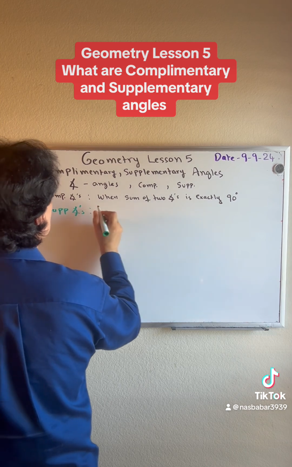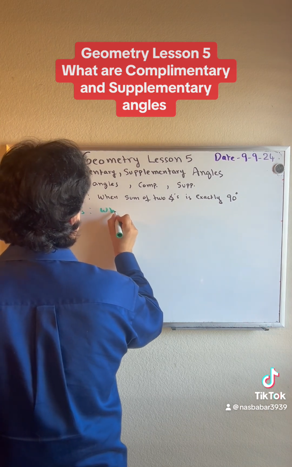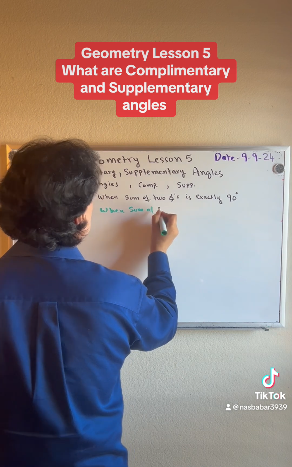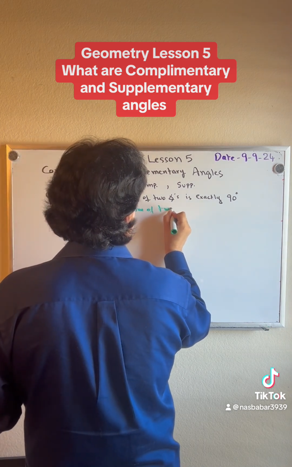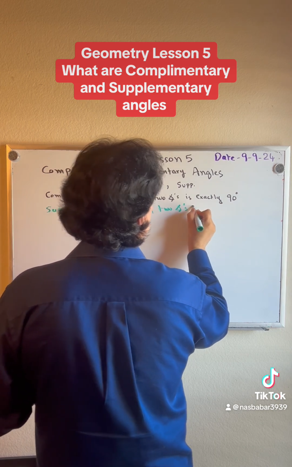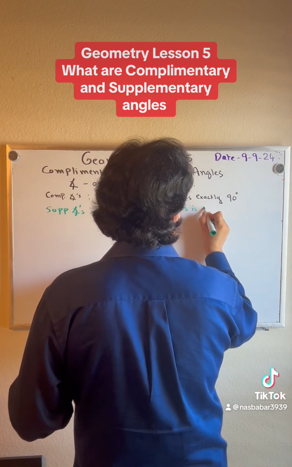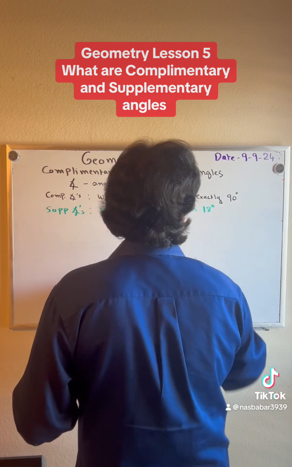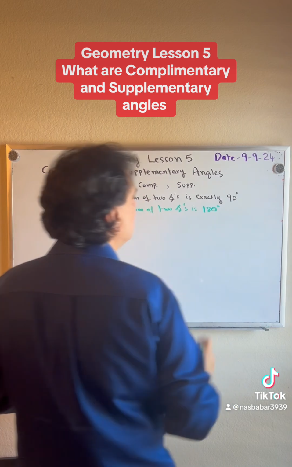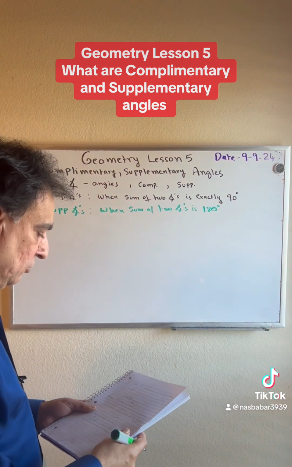I'll write that down. When the sum of two angles is 180 degrees, they are known as supplementary angles. Okay, easy peasy, no rocket science to that.